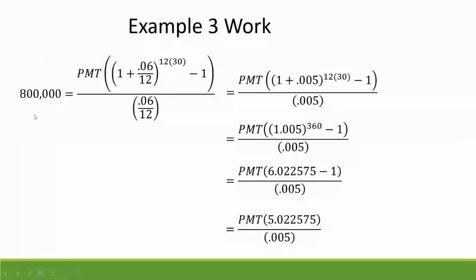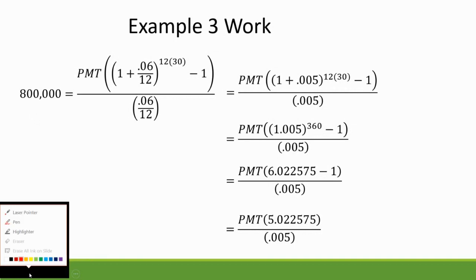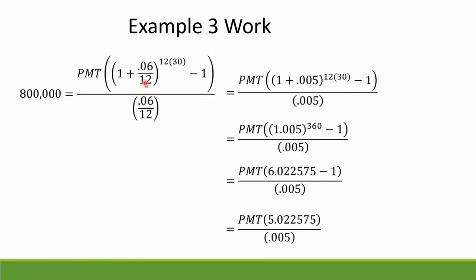So we have the formula just like before. We have to use order of operations. The numerator and denominator, we work separately. The denominator is easy, we just divide. The numerator, we have to work inside out.